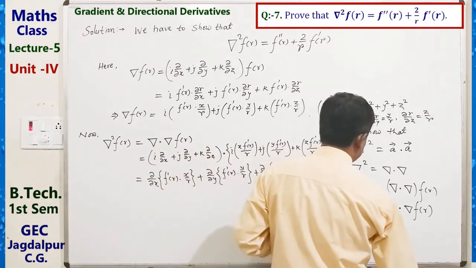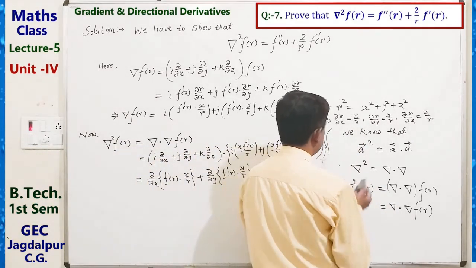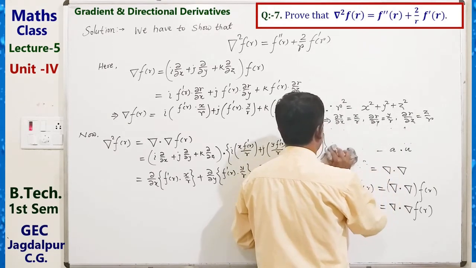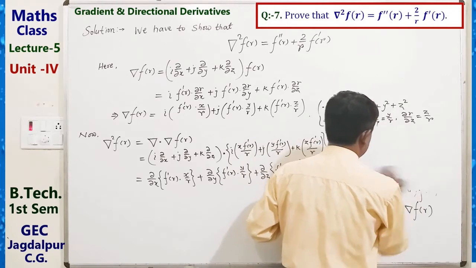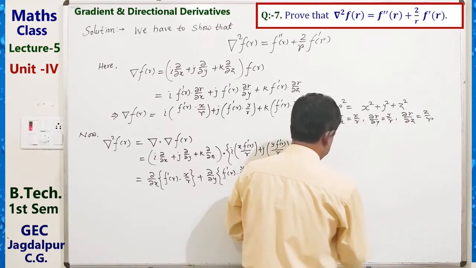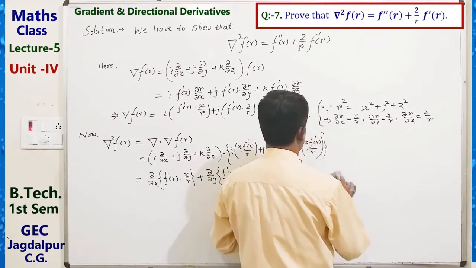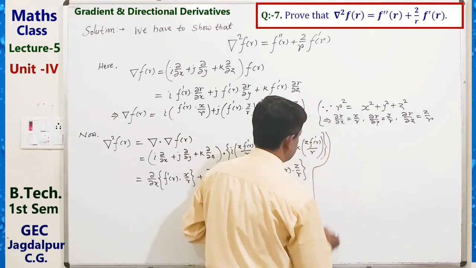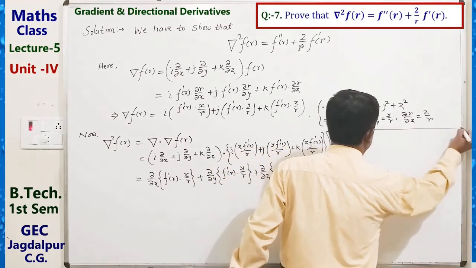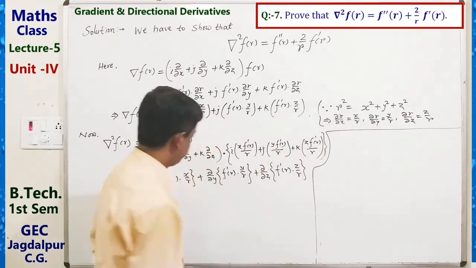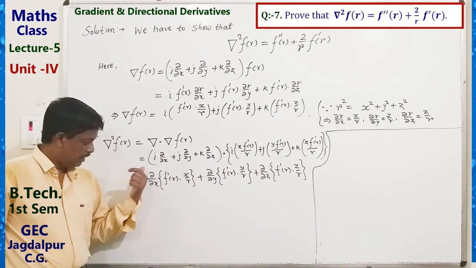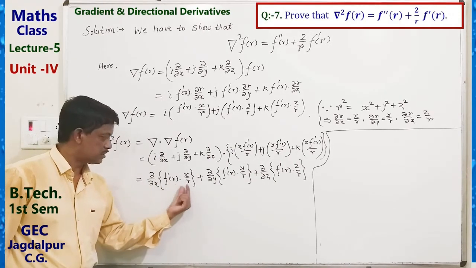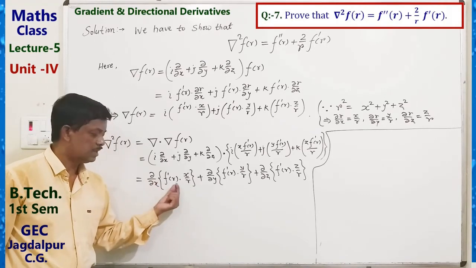So here, see the first part: del by del x of a product of two functions, first function and second function, you differentiate as a product.